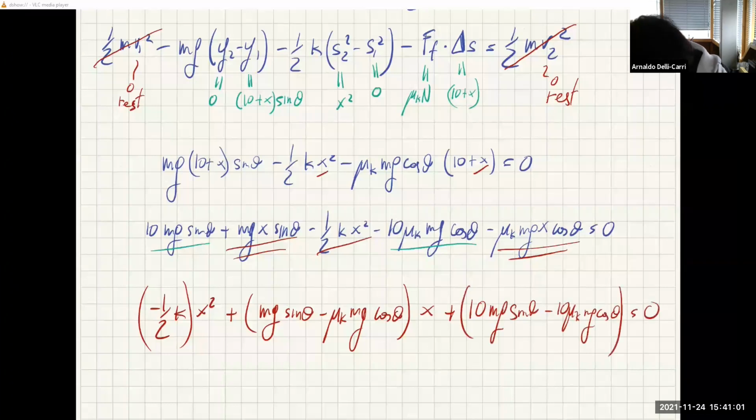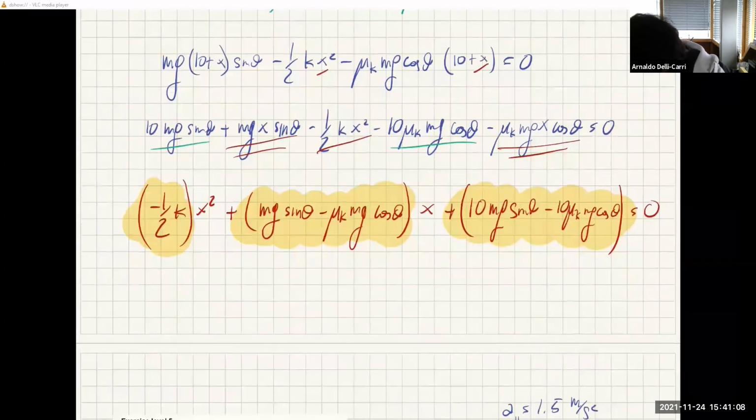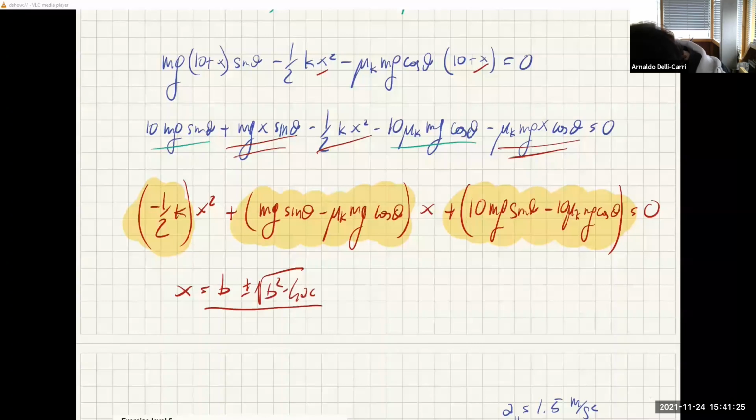Now these are the coefficients a, b, and c. So you can just solve this to find x equals minus b plus or minus the square root of b squared minus 4ac, divided by 2a. Okay, the usual formula.